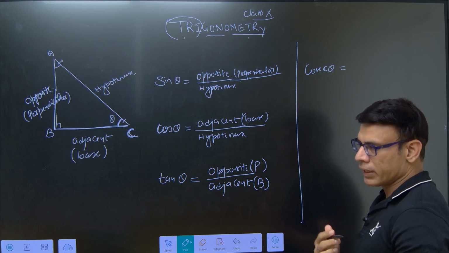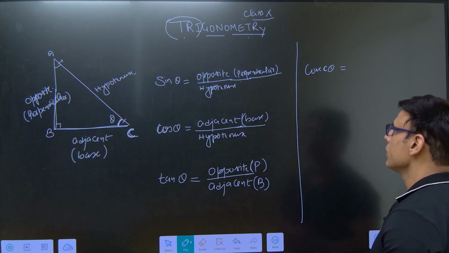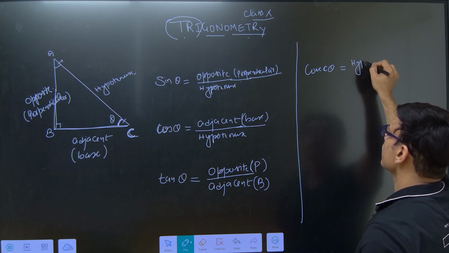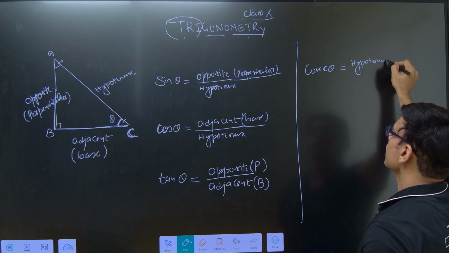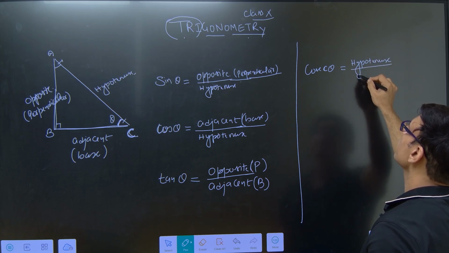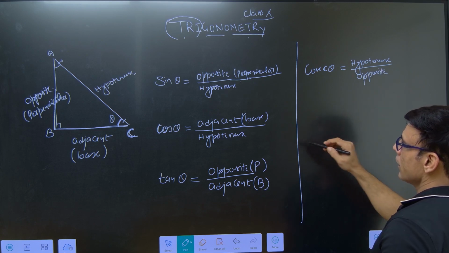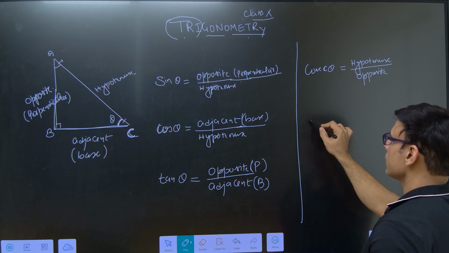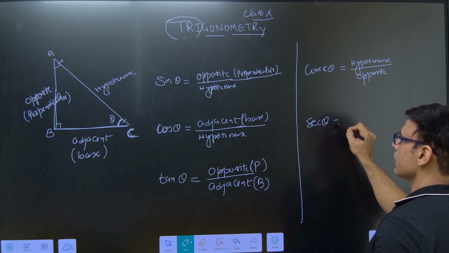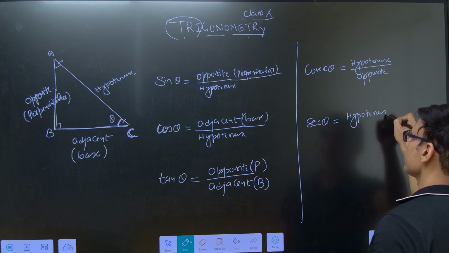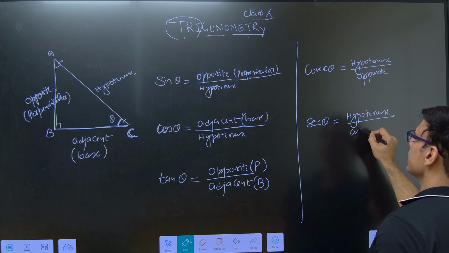For this triangle, if I ask you what is cosec theta, cosec theta is hypotenuse over opposite. The reciprocal of cos theta is secant theta. Secant theta is hypotenuse over adjacent.